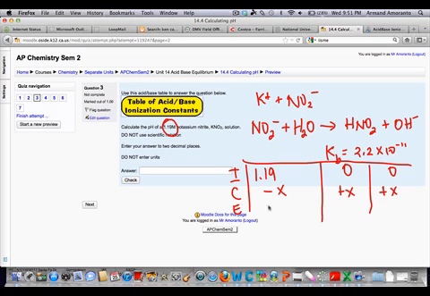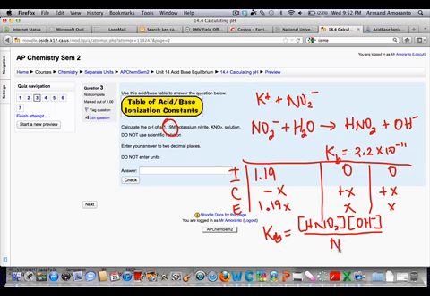And then my equilibrium expression will be 1.19 minus x, x and x. And the Keq for this, the Kb for this, will be HNO2 times OH minus, all divided by NO2 minus.